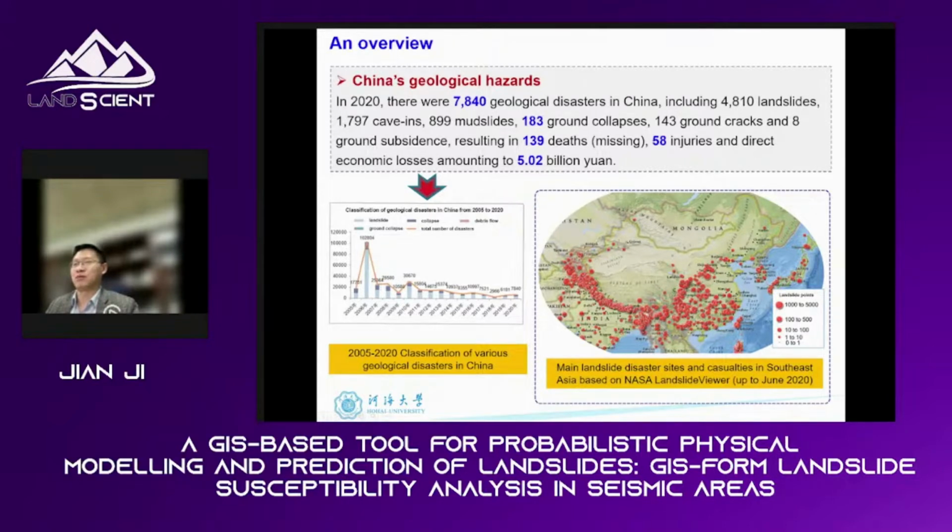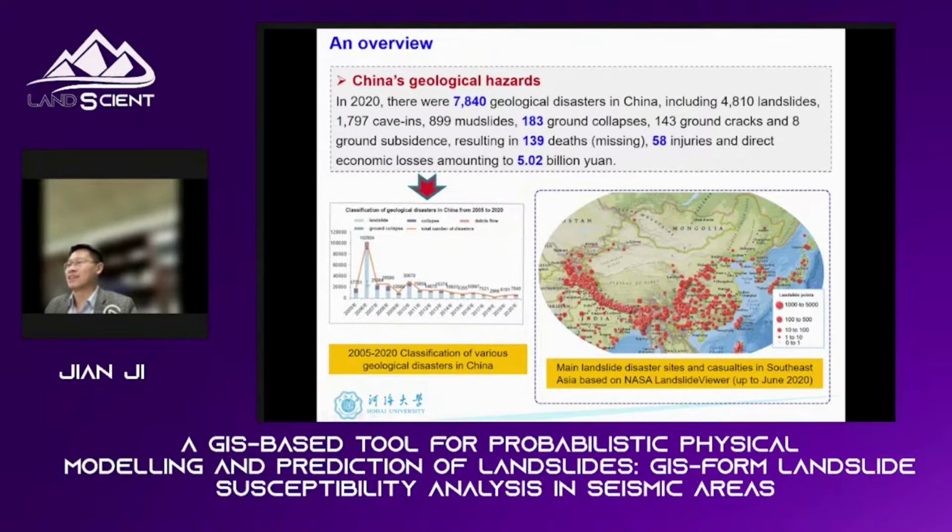This is a map of China, and especially in the middle and western parts, there are a lot of mountain areas, so geological hazards happen mostly in these areas. As reported, we have more than 7,000 geological disaster sites in that area, including many deaths and missing people, injuries, and economic loss of around 5 billion yuan.